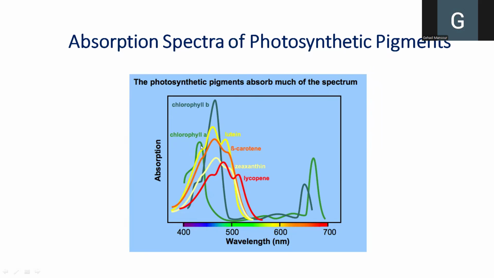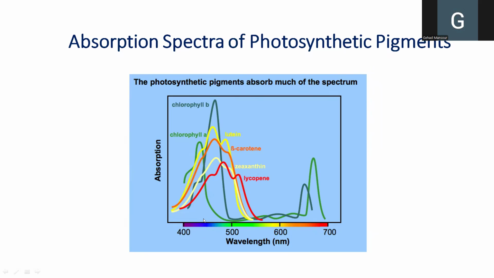So if you look at the absorption spectrum of chlorophyll A, you will find that the peak absorption of chlorophyll A is between 400 and 500, for example, at 440 nanometers. And then it has another peak of absorption, sorry, at 680 nanometers.